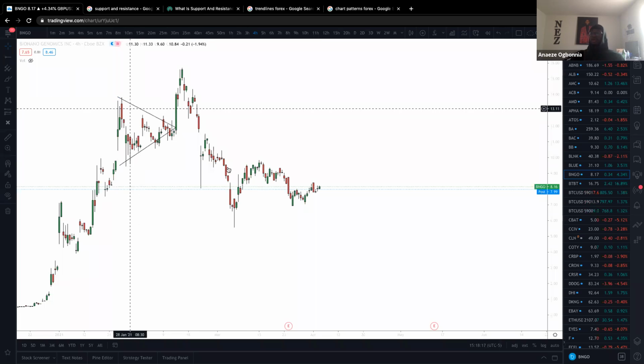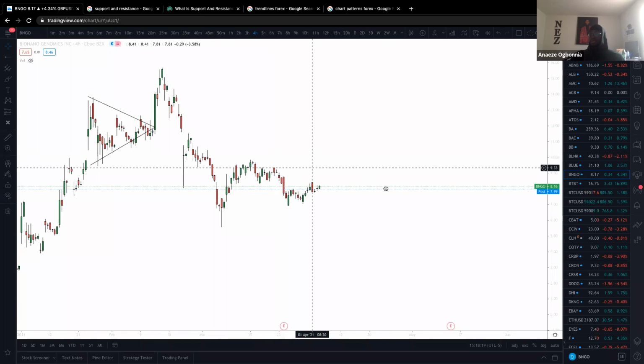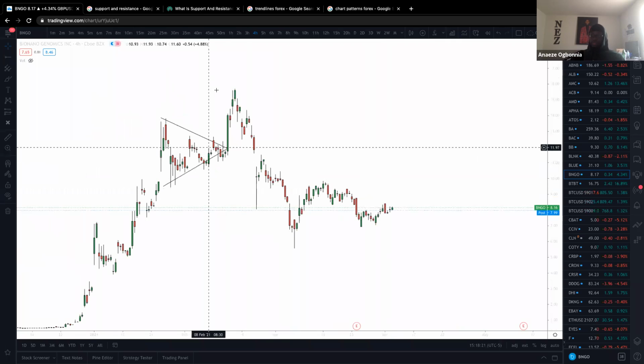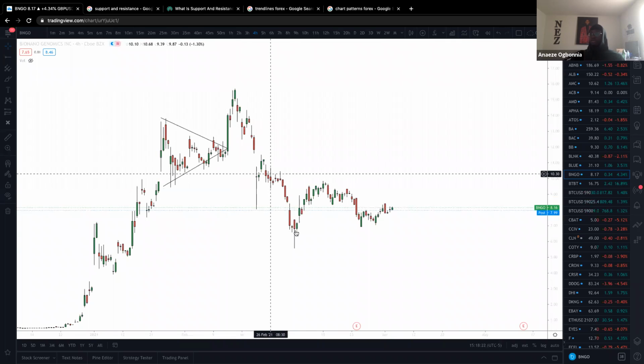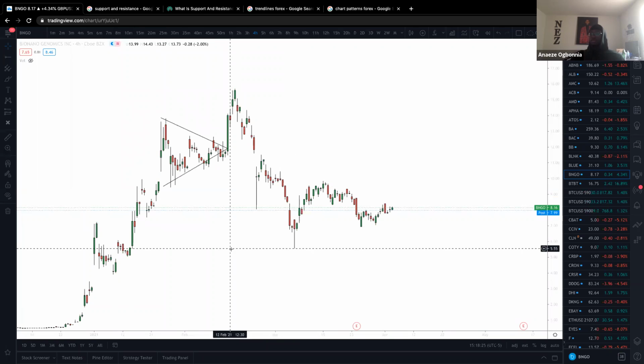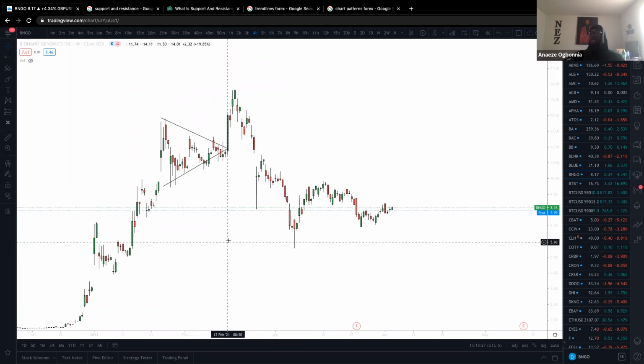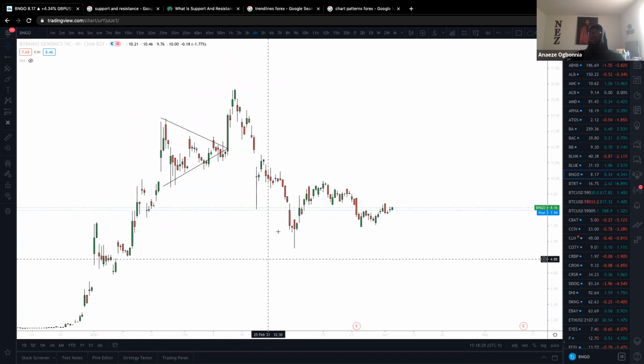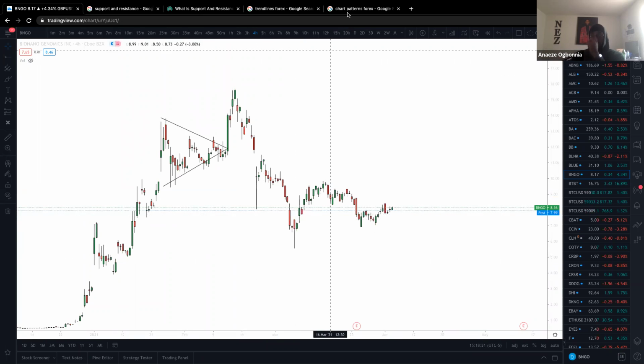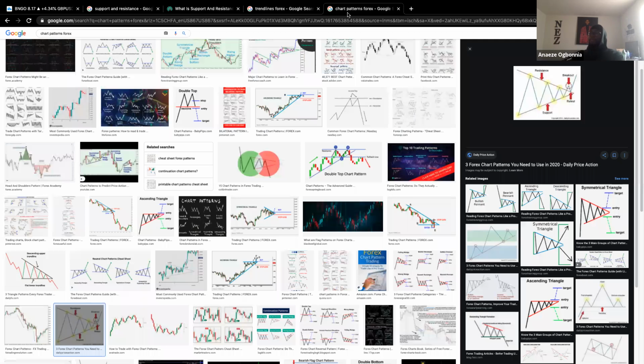So you can see how price basically broke out tremendously, then shot up, and then just came right back down. You know what I'm saying? And that's probably because of price feeling, which I understand why it came back down there, but that is not for this week. But yeah, chart patterns, that is basically something you want to look into.